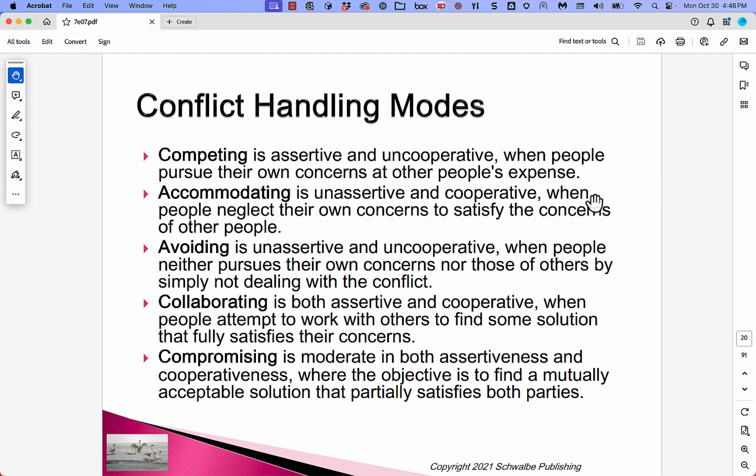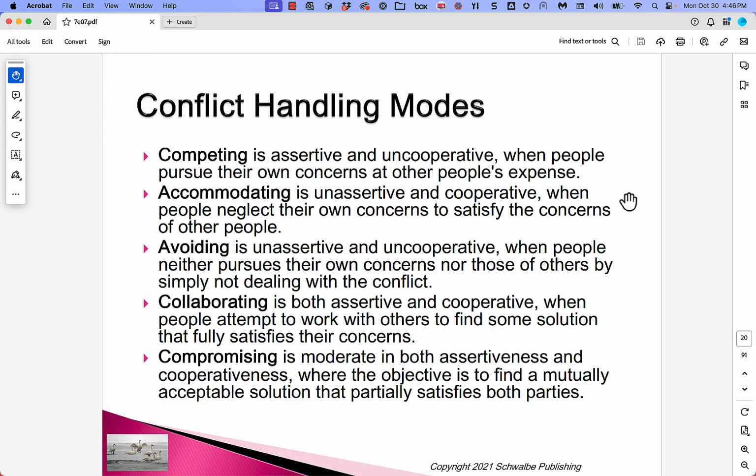If you take a competing approach, it's assertive and uncooperative when people pursue their own concerns at other people's expense. Accommodating is unassertive and cooperative when people neglect their own concerns to satisfy the concerns of other people.